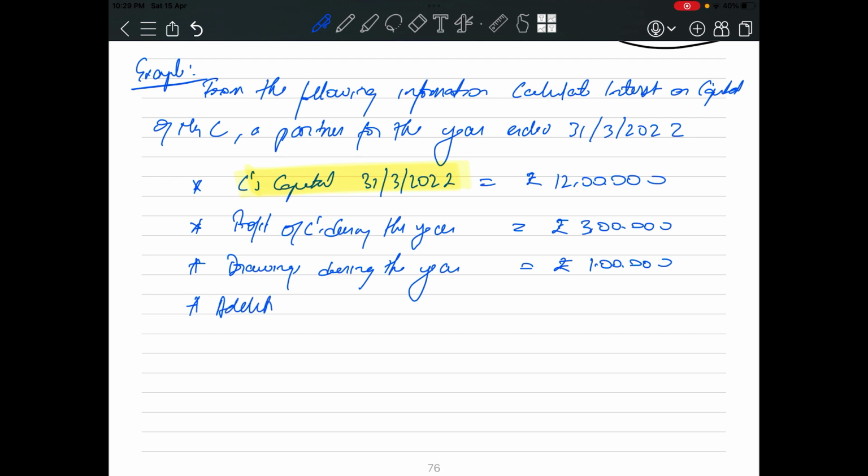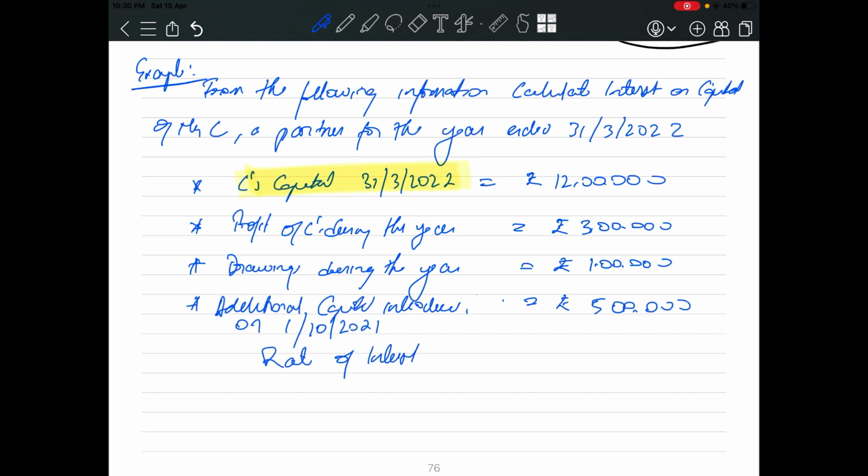Fourth point is additional capital introduced during the year. The date is given: additional capital introduced on 1st of October 2021 is rupees 5 lakhs. And the rate of interest is 12% per annum.